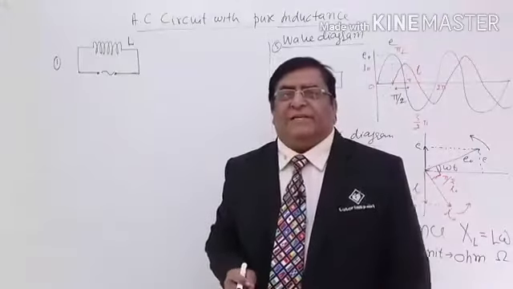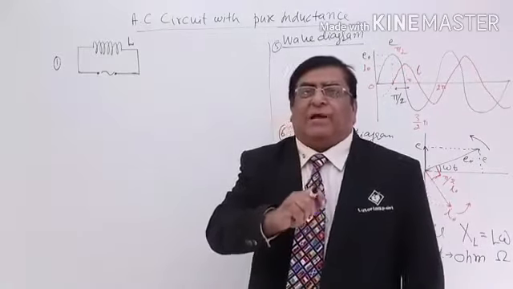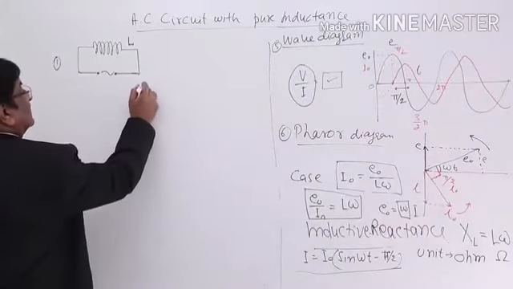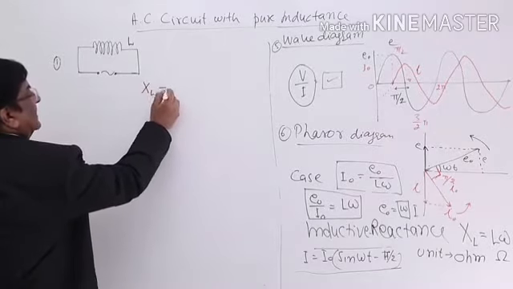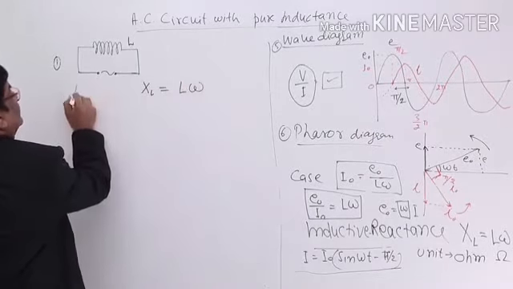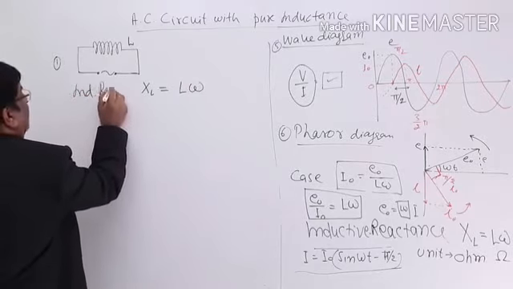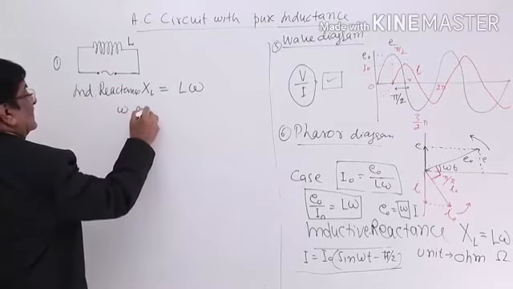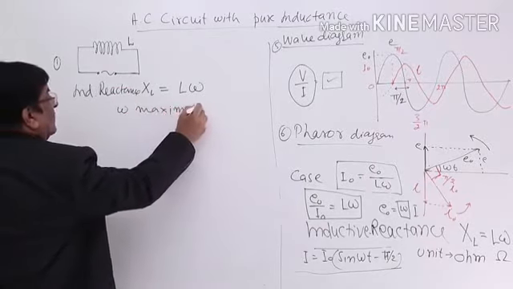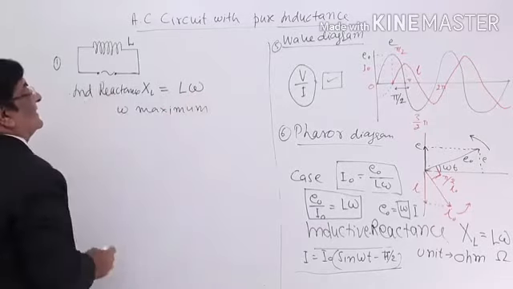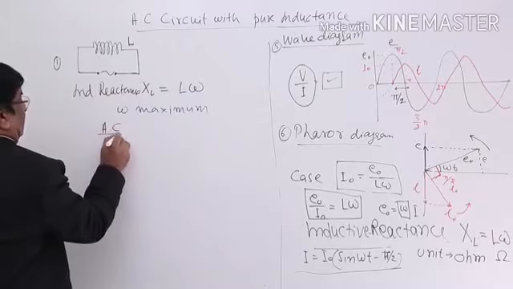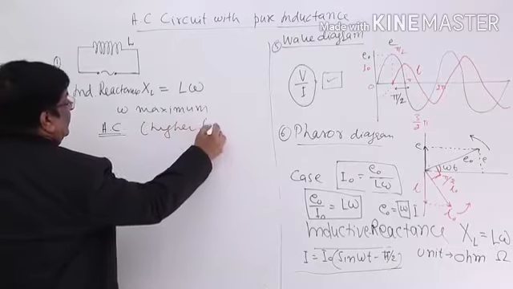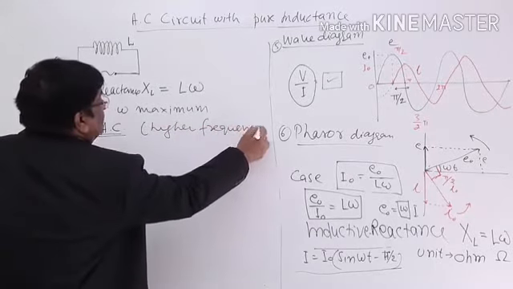Okay, now we are discussing reactance, minimum value and maximum value, when it will oppose most. Inductive reactance XL is equal to L omega. When is omega maximum? When there is AC. The higher the frequency, the higher is omega.